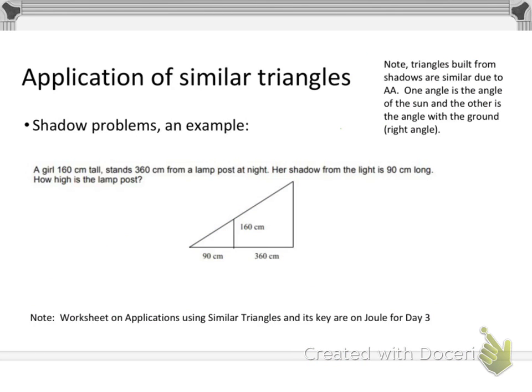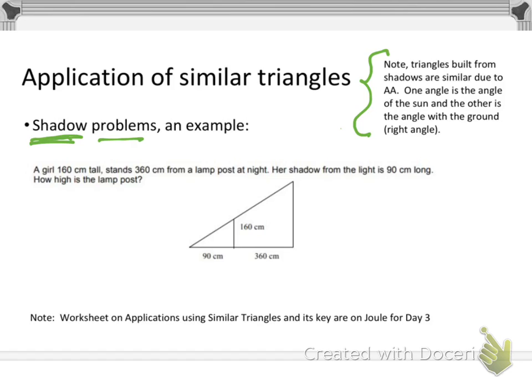Okay, in this slide, we're going to talk about another application of similar triangles. Very common problems are called shadow problems, and they're called shadow problems because they talk about a light shining on something and casting a shadow, and that creates similar triangles. So I put this little note up here, and I said, note, triangles built from shadows are similar due to angle.